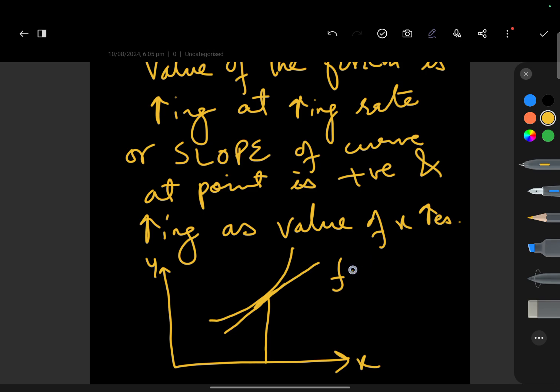So f prime x is greater than 0 and f double prime x, that is the second derivative, is also greater than 0. The curve is increasing at an increasing rate at this point, and the slope is positive and increasing as the value of x increases.